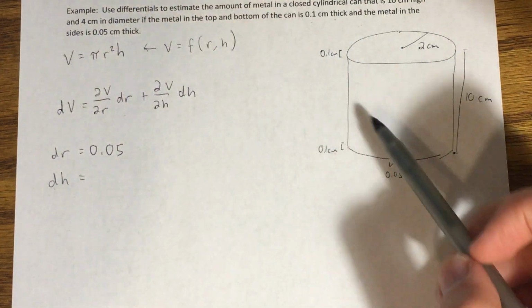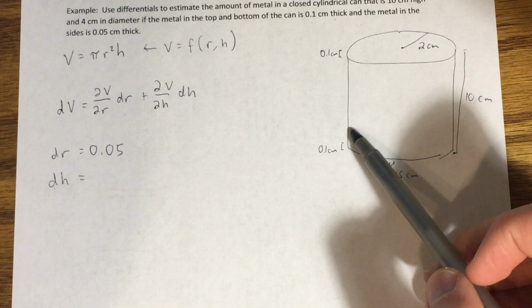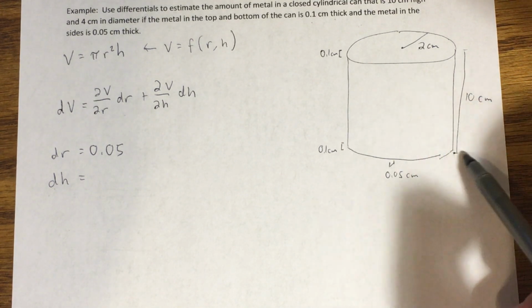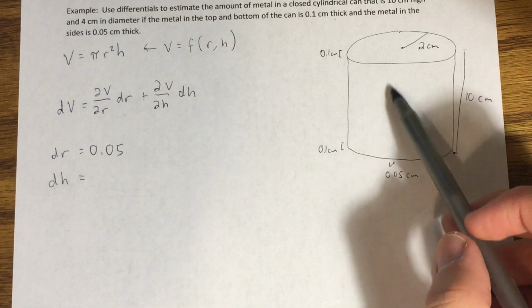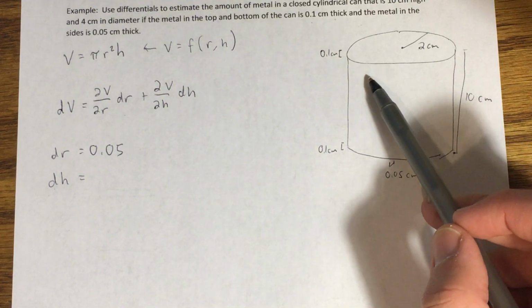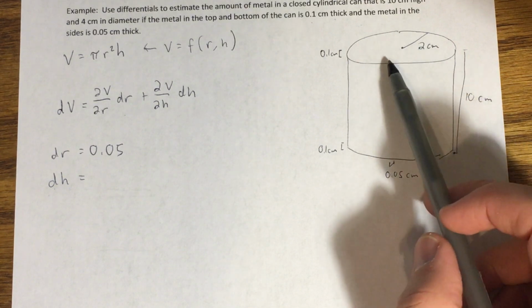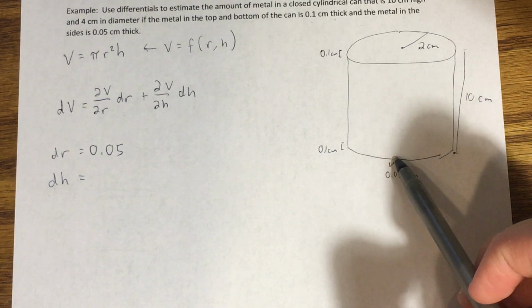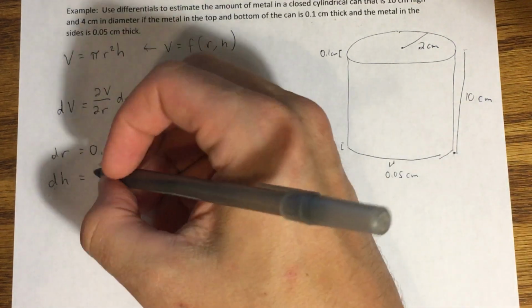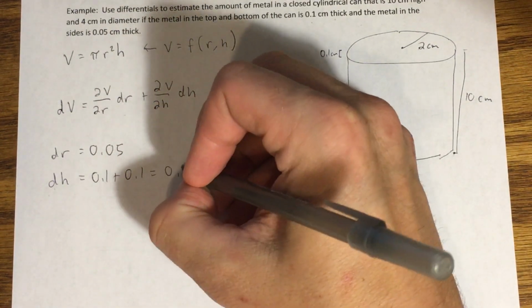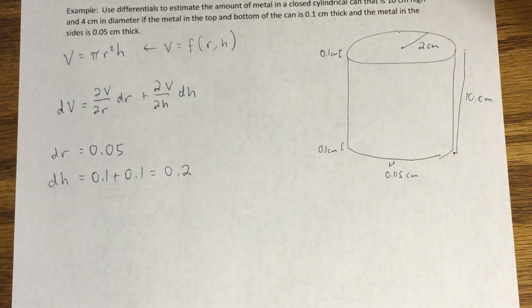Well, the change in height would correspond to the change in thickness in not just the base of my can, but also the top of my can. Because if you move from the empty interior to the metallic exterior, you're moving 0.1 centimeters up and 0.1 centimeters down. So that's 0.1 plus 0.1, which is 0.2. That's what dh would be.